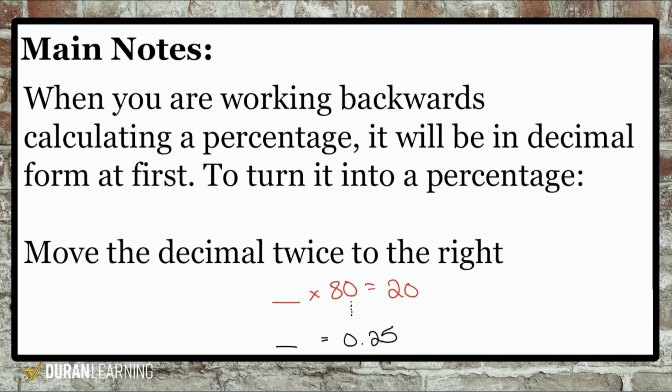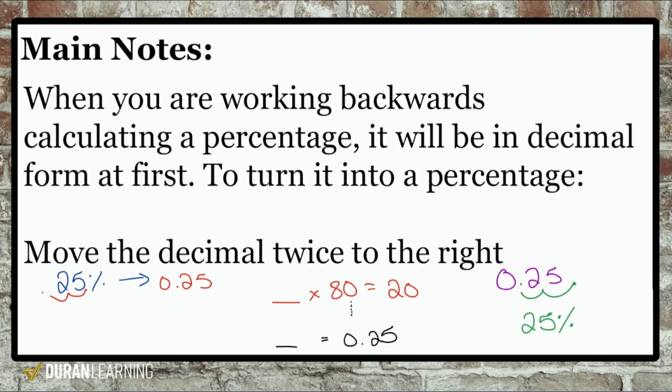When we wanted to go from a percent to a decimal, we would move it twice to the left, and that's what would give us 0.25. But to work backwards, we are going to go twice to the right. So we take the 0.25 and go twice to the right, 1, 2, and there we are. That would be 25%.